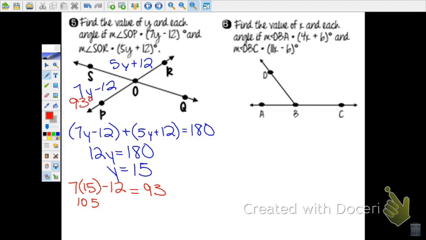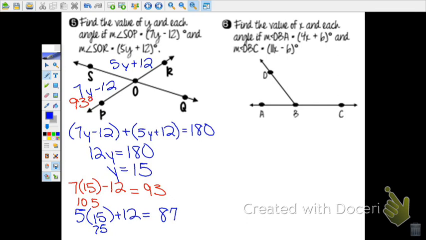The other angle is 5 times 15 plus 12. 5 times 15 is 75, plus 12 is 87. And again, I see that those two angles added together do equal that 180.